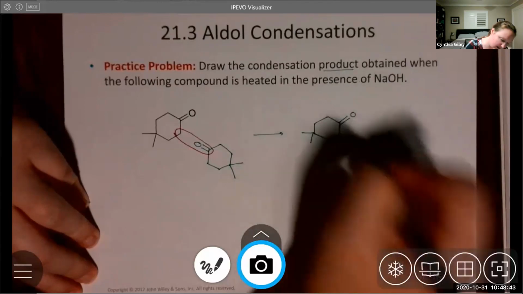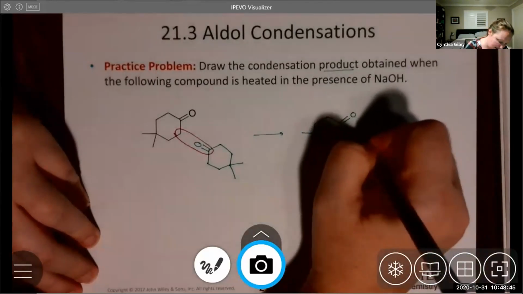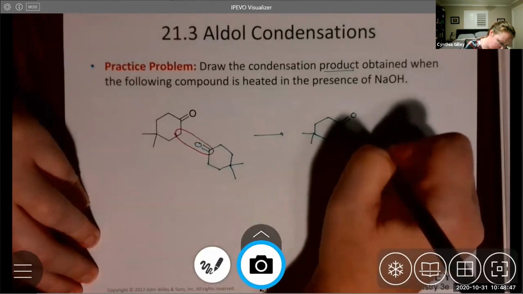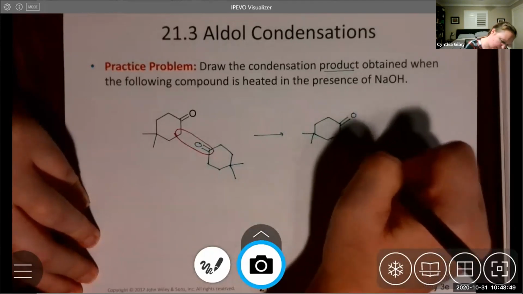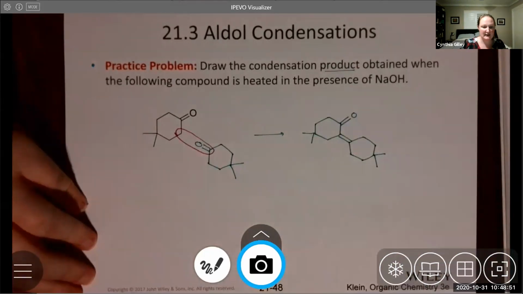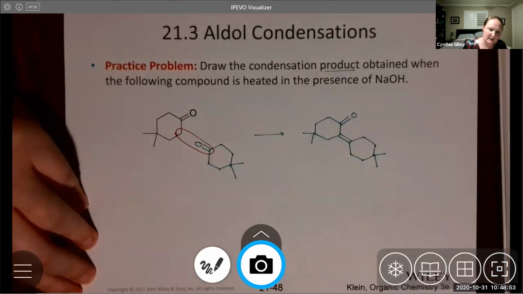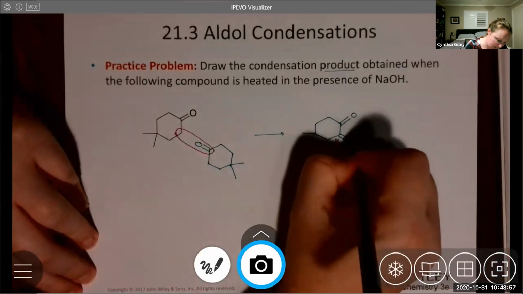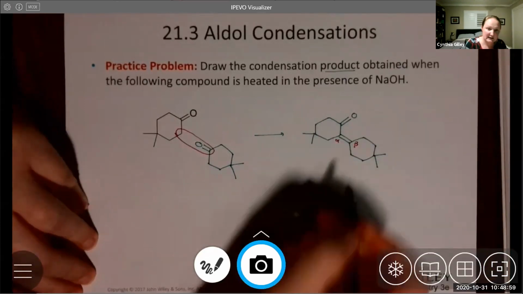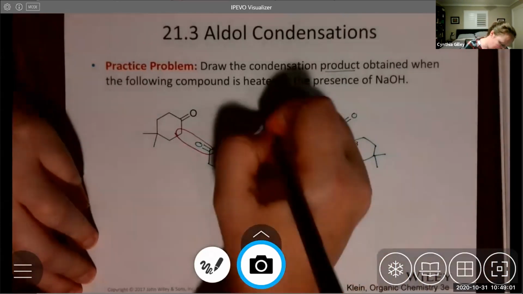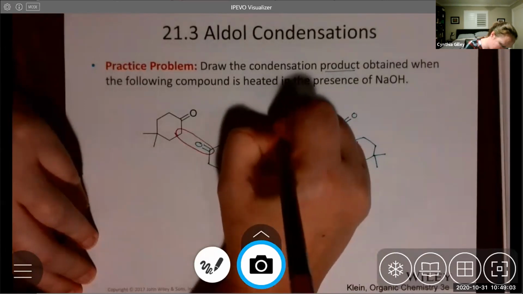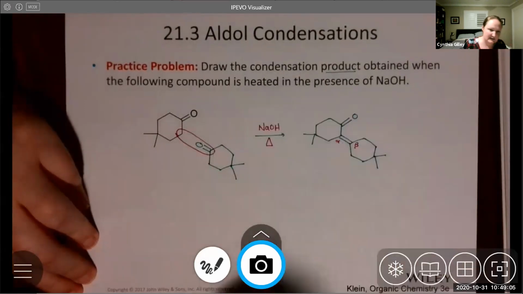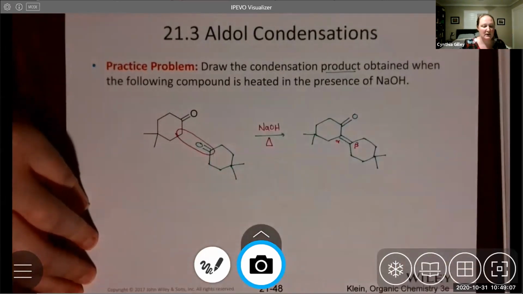We'll just go ahead and draw an alkene there and then connect it to the rest of the molecule. So that is the aldol condensation product. Again, note how it's an alpha beta unsaturated ketone. And that is formed when we heat in the presence of hydroxide, or you could use acid.